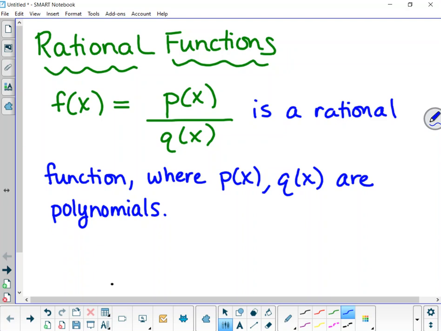But there's no reason to be afraid. A rational function is just two polynomial functions in a ratio, so we can use a lot of the things we know about polynomials to help us work with rational functions.